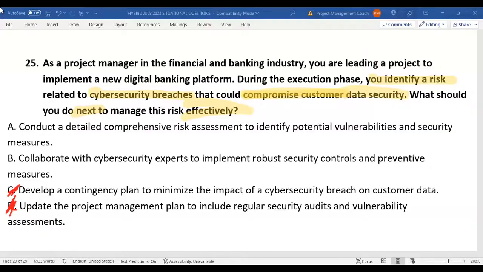Conduct a detailed, comprehensive risk assessment to identify potential vulnerabilities and security measures. So think about it. We're going to conduct a big old risk assessment. We're going to find probability times impact to identify potential vulnerabilities. So we find all of these vulnerabilities, 1, 2, 3, 4.